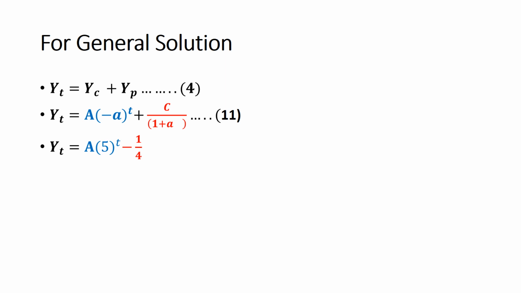By substituting the values, yt is equal to A into minus a to the power t plus c over 1 plus a, from equation number 11 that we previously derived. So yt is equal to A into 5 raised to the power t minus 1 over 4. This is the general solution of the first order linear difference equation.